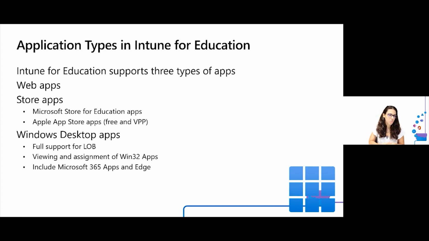In Intune for Education, you can manage web applications, and store applications that are synchronized from the Microsoft Store for Education and the Apple App Store also. And here there's an option that would require an Apple ID from the user, but there's also an option that is seamless, which is this VPP, Volume Purchase Program.